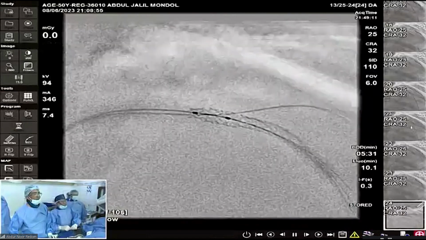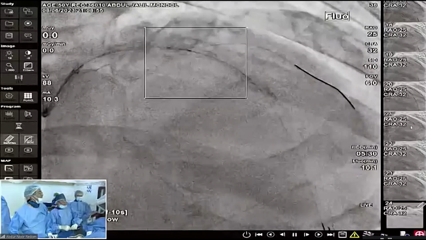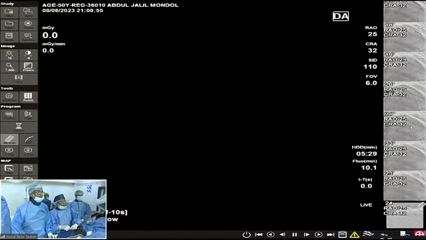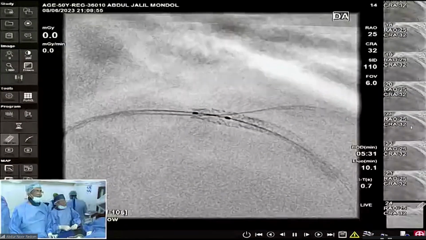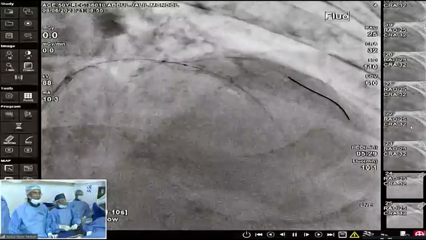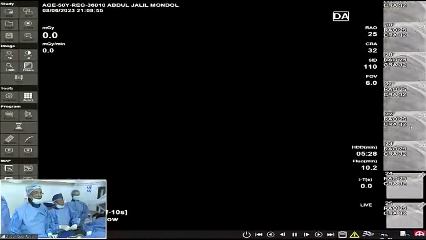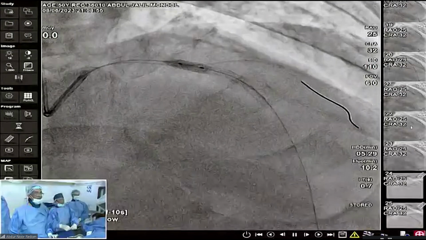So to avoid that, it's a very nice design. Show me the stent enhancement, the proximal part of the stent. These 4 connectors will prevent that longitudinal foreshortening and maintain some radial strength.